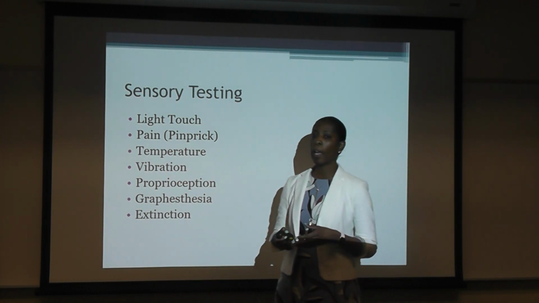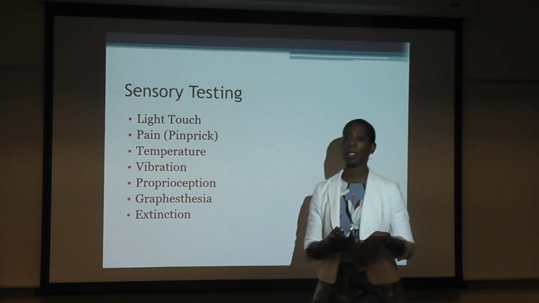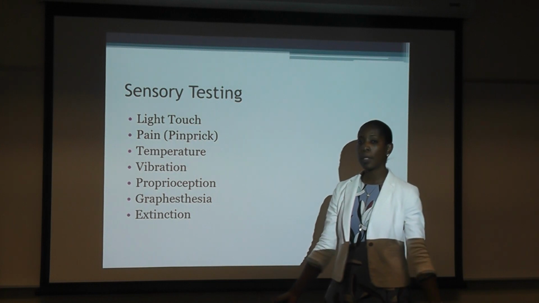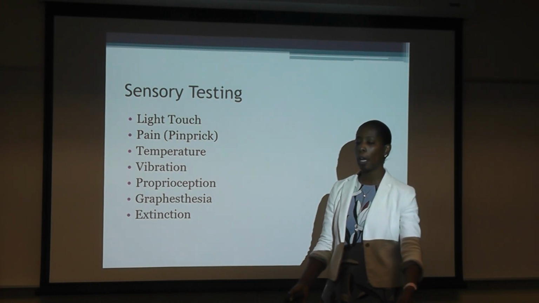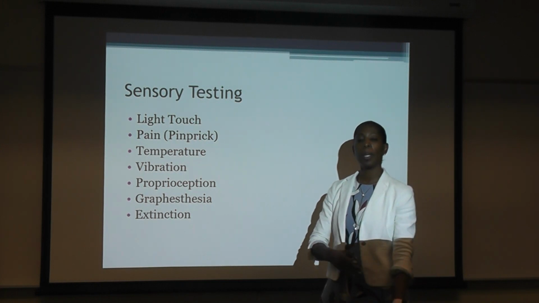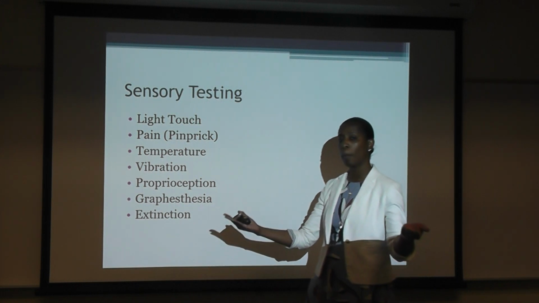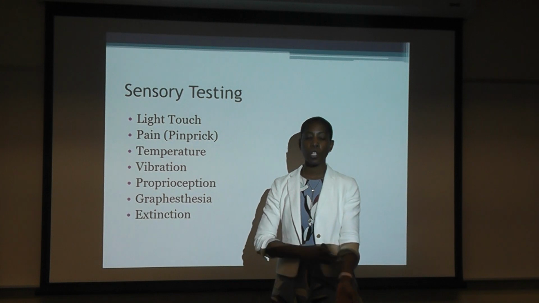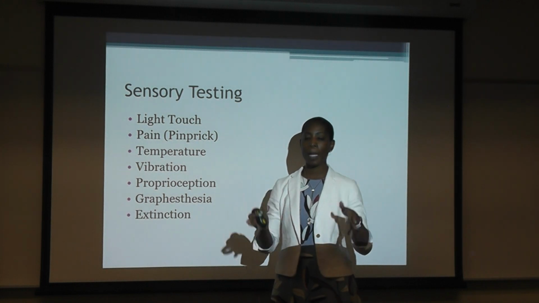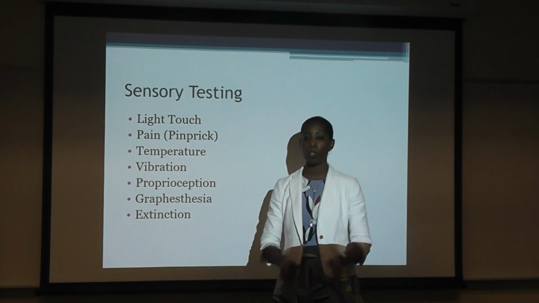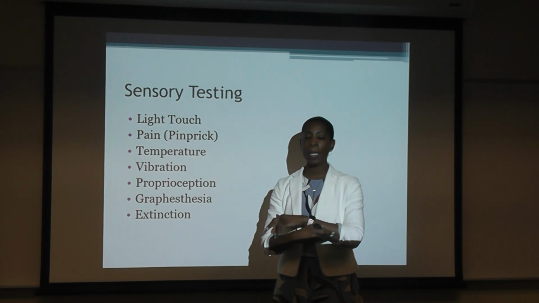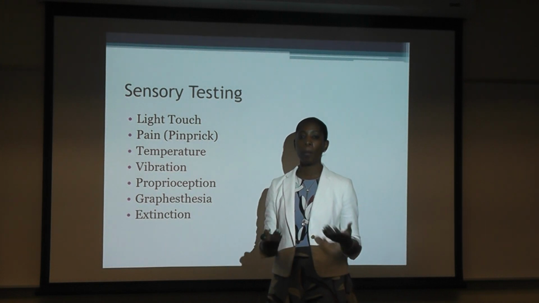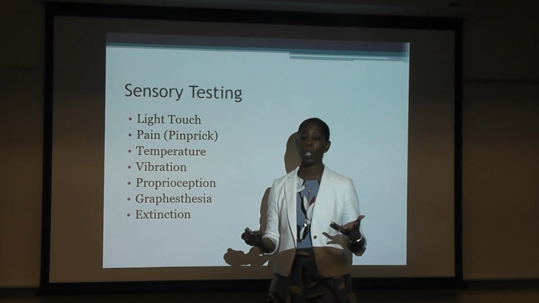What usually happens is you're testing that patient, and you say, do you know where I'm touching you? And they can say yes. When you touch one area, they're able to discern where you're touching them. But then when you test two areas, touching them in two places at one time, a lot of times they can't tell you where you're touching them.